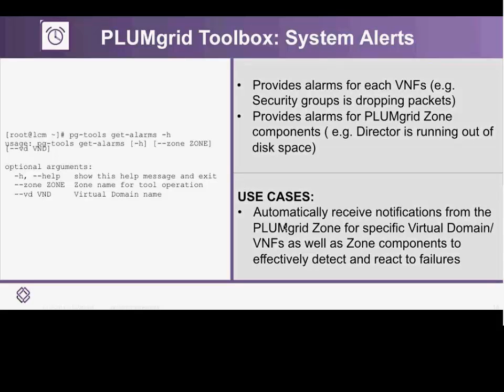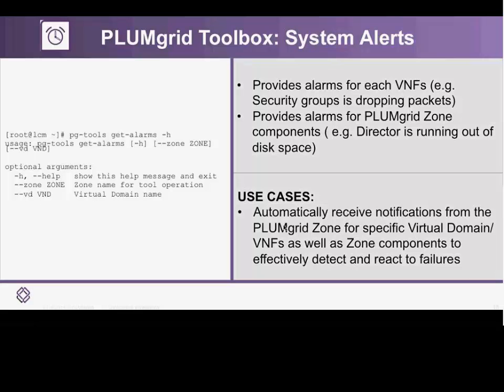What this tool gives you is the ability to automatically receive notifications from the PLUMgrid zone. And you can configure it to give you notifications around specific virtual domains, specific VNFs. So this is very important. Let's say that your security policy VNF is dropping packets. You can get notified for that.